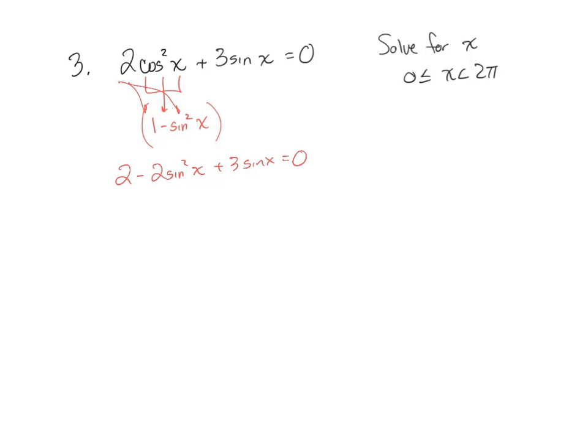It looks like I have a quadratic equation, and I don't like negatives in front of my quadratic, so I'm going to move everything over to the other side. I'm going to have positive 2 sine squared x minus 3 sine x minus 2 is equal to 0. Well, we need to factor that.